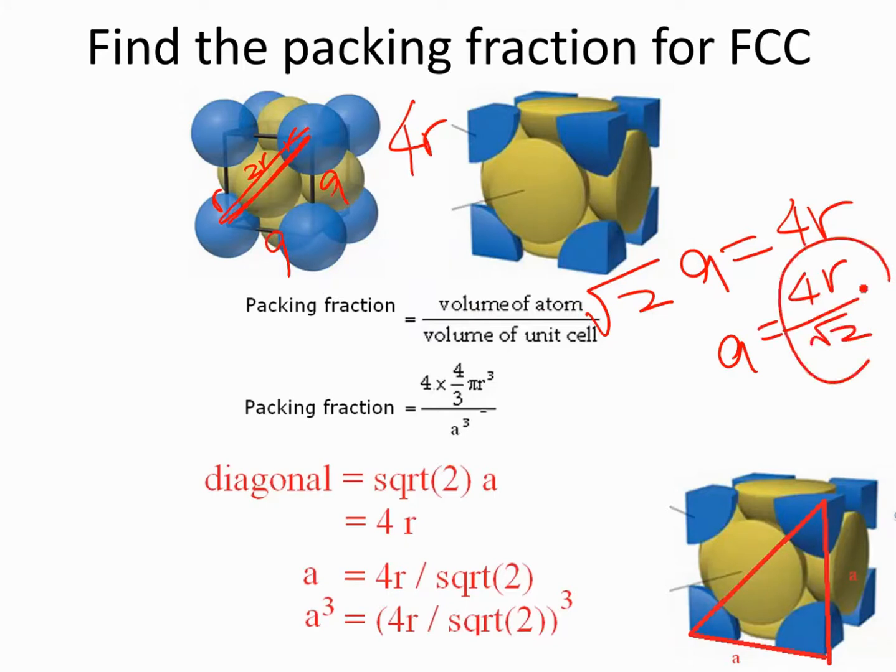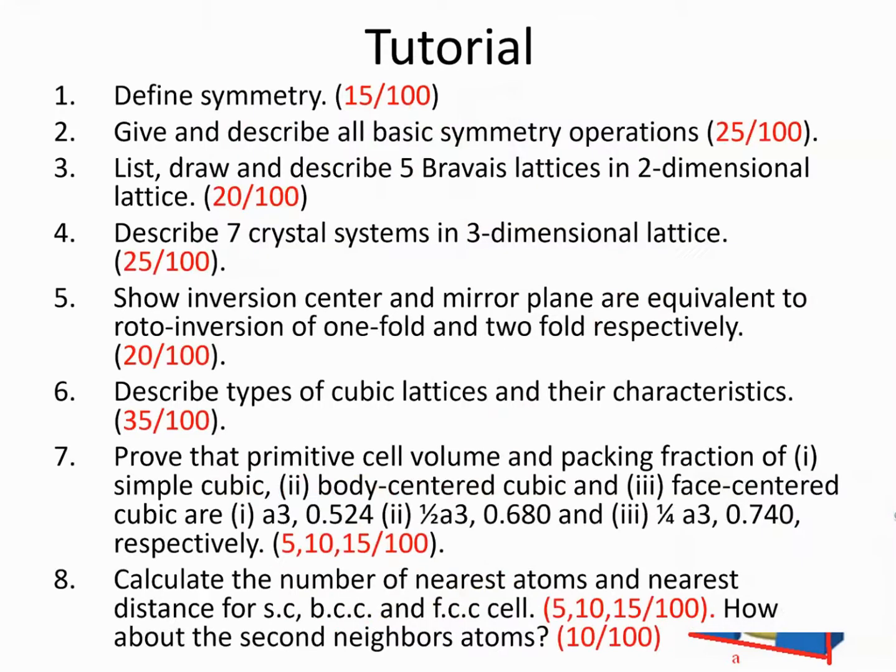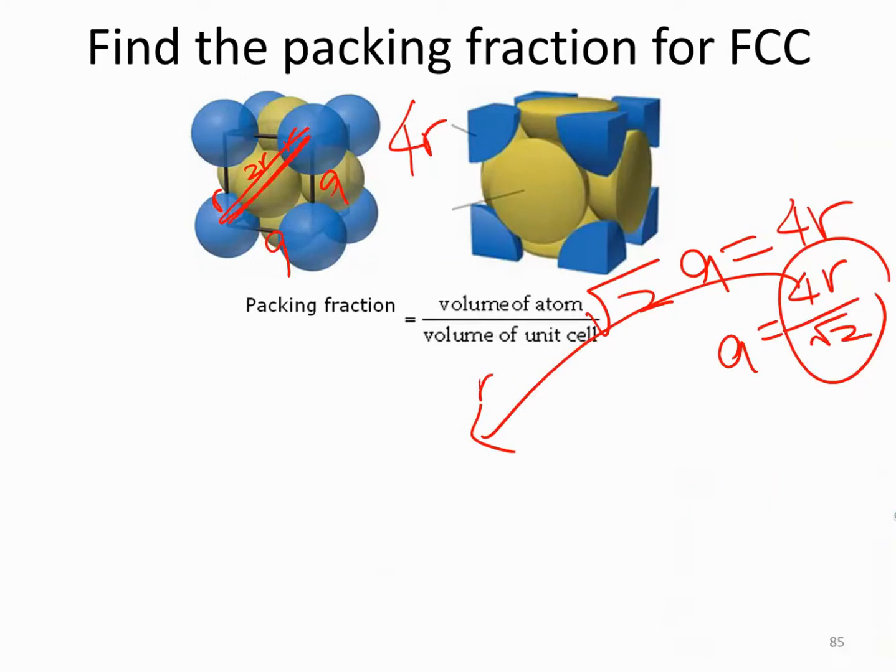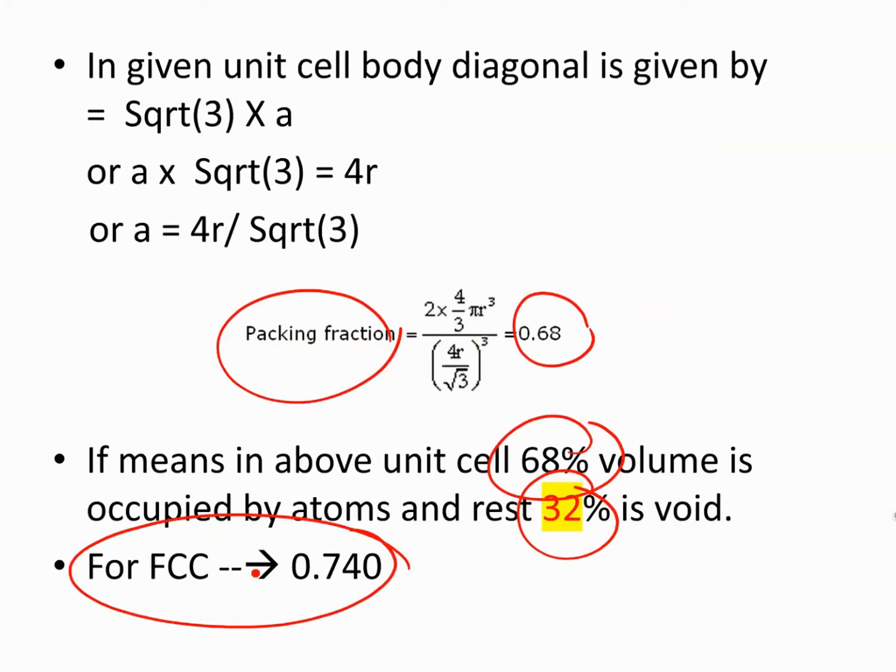Then you just substitute this into here. Then now you only have R as the unknown. Then you can solve it. Then you get the FCC has 74% of the occupied volume and only 26% of empty space.